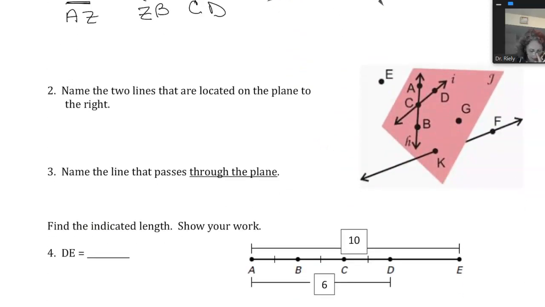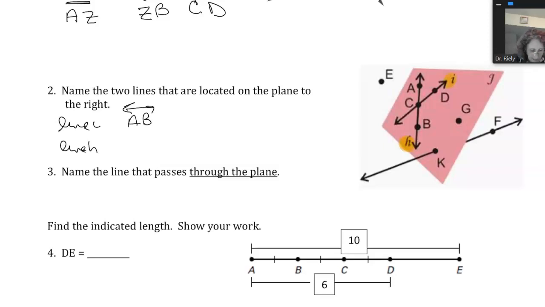Okay, sliding down, name the 2 lines that are located on the plane to the right. Okay, so there's a couple of ways to name lines. Do you see these little baby letters right here and here? Those will name lines. So that's going to be line I and line H. I also could have called those lines AB with a line symbol on top.